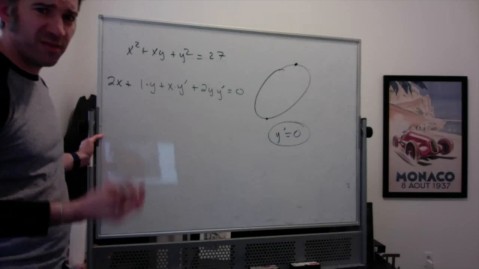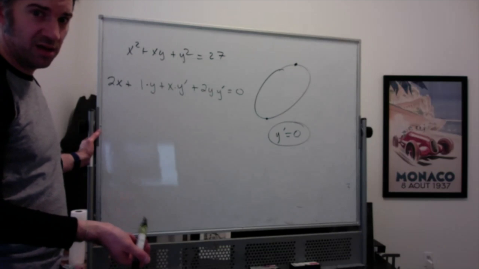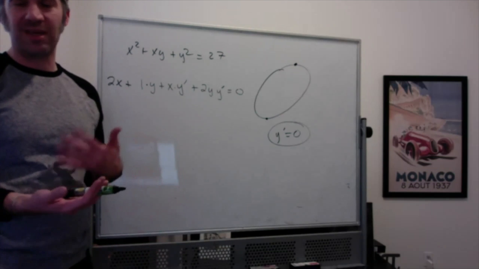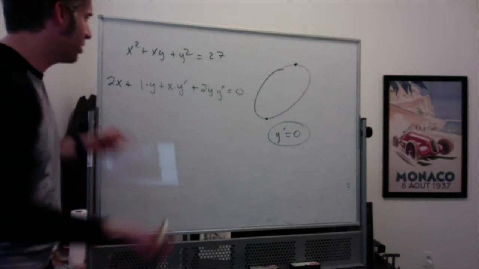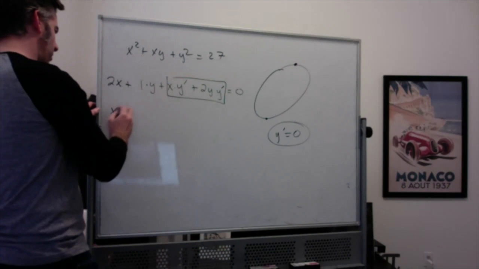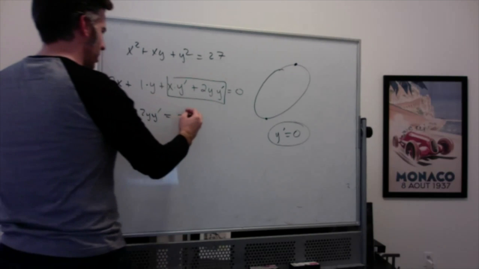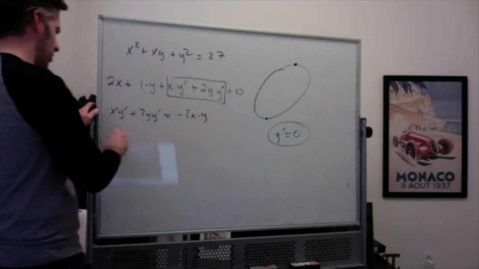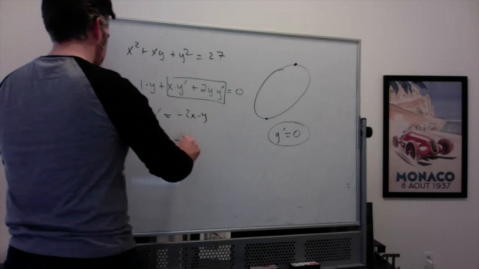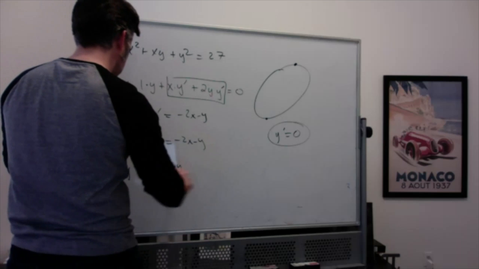Now, part of me is tempted to just set y prime equal to 0 right now. I don't think we get anything by solving for y prime. You could solve for y prime, like keep these on the same side, and say x y prime plus 2y prime equals negative 2x minus y, and then y prime times x plus 2y equals negative 2x minus y, and then y prime equals negative 2x minus y.